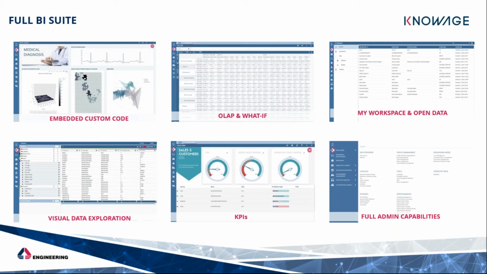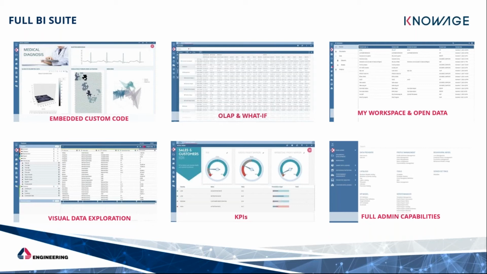As an end user, a workspace is available, and you can also import open data. So, for example, if you download an Excel or CSV file, you can then upload it in Knowage and build your own analysis.